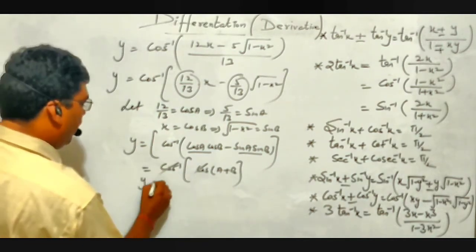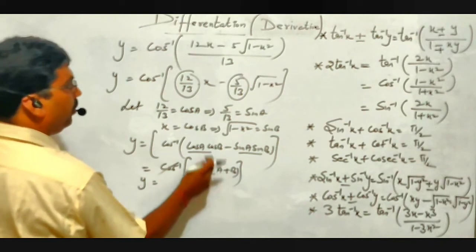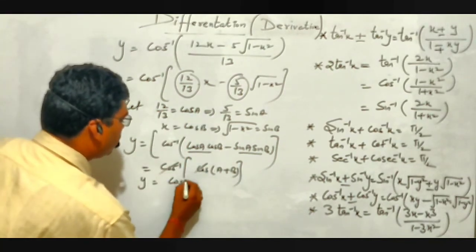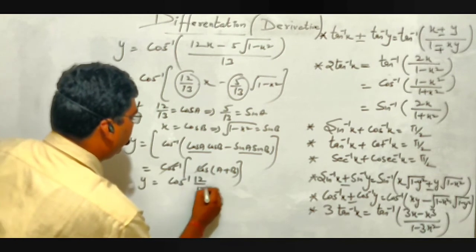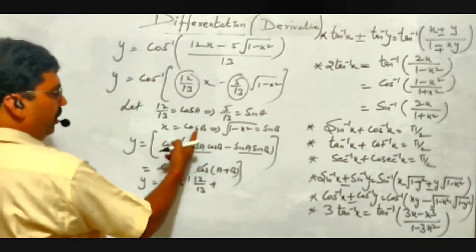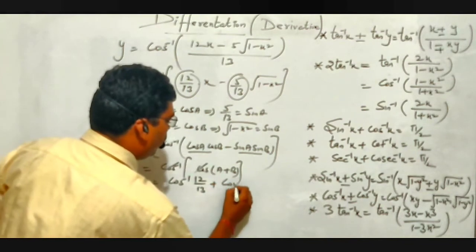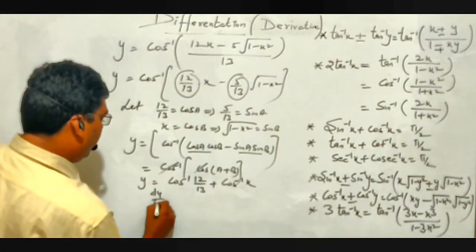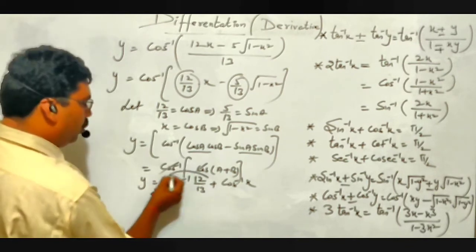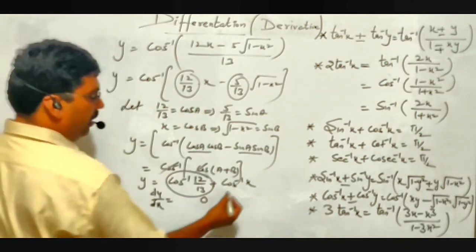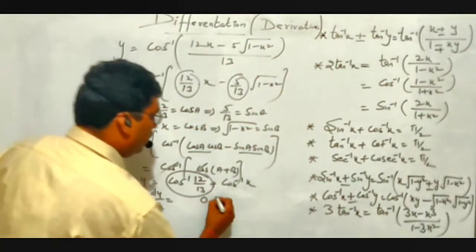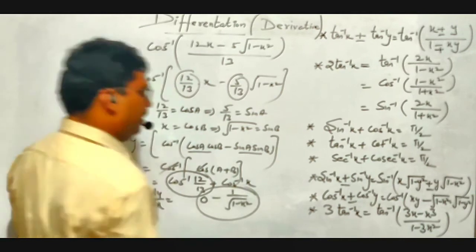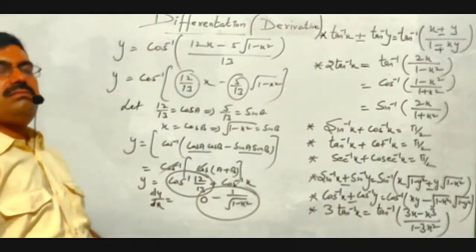Now y equal to A plus B. The value of A is cos inverse 12 by 13, plus B, where the value of B equal to cos inverse x. Now the derivative dy by dx: the constant gives 0, and the derivative of cos inverse x is minus 1 by root of 1 minus x square. That is the answer.